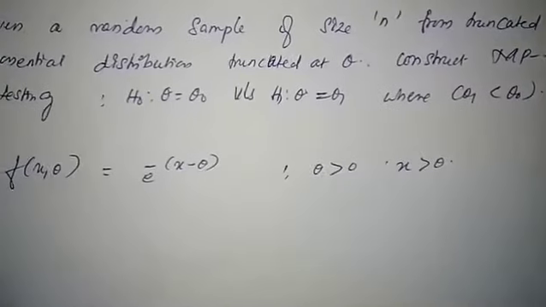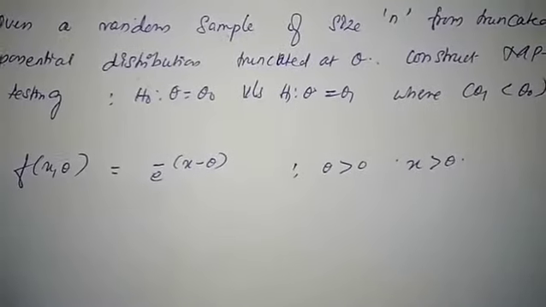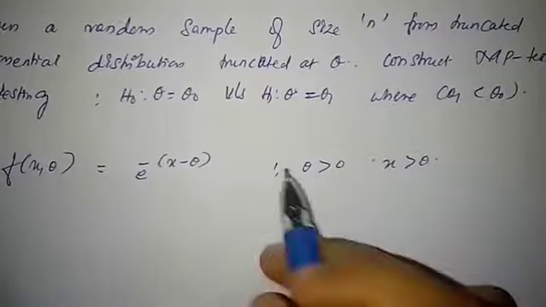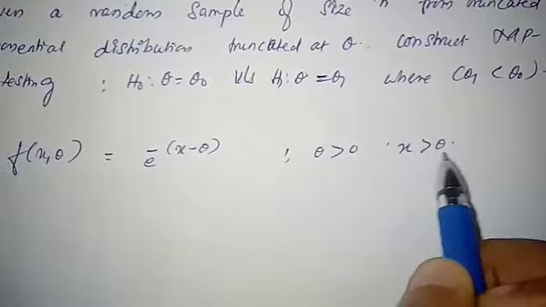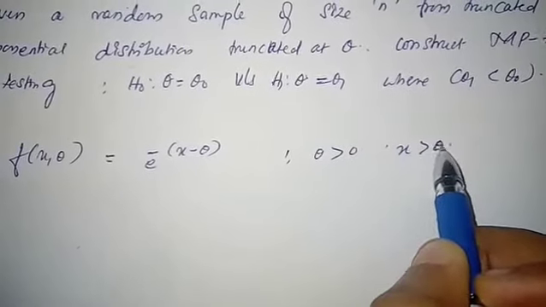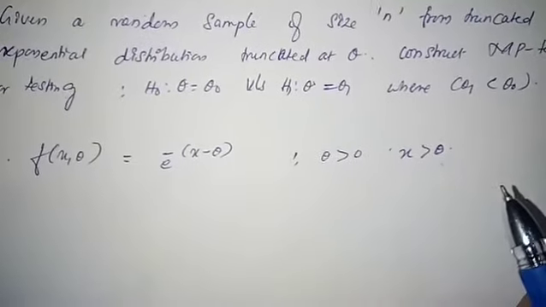Here it's truncated at theta, so x is greater than theta. The density is e power minus (x minus theta), where x is greater than theta and theta is greater than 0.